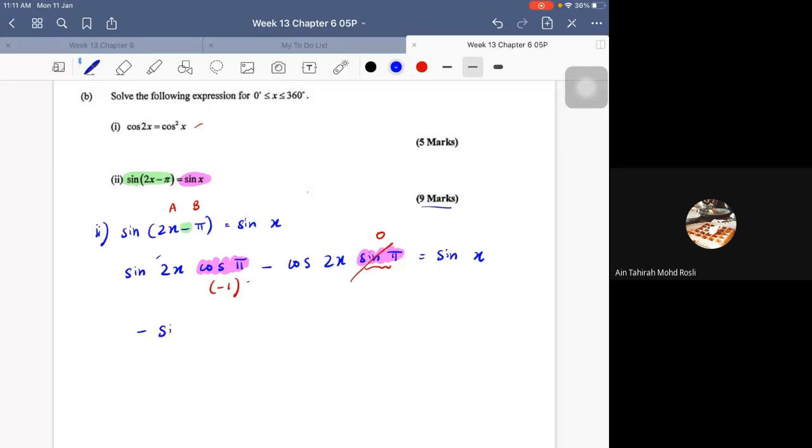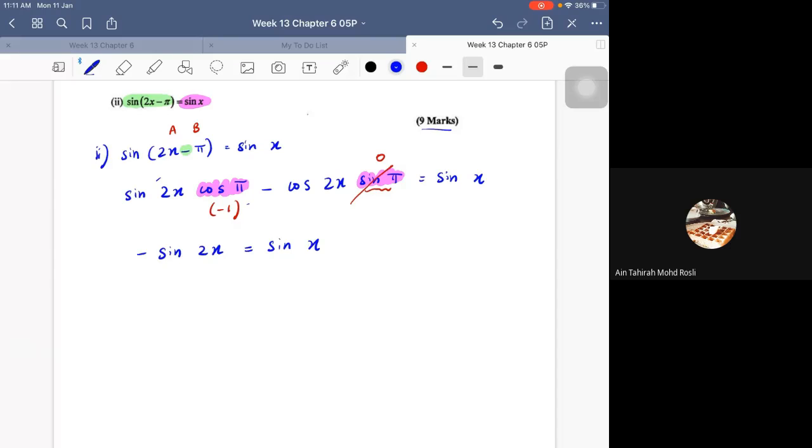Okay, and on this side dia akan jadi cos 2x darab kosong. And we know that anything yang kita multiply dengan kosong dia akan jadi kosong. So therefore on this side I'm going to have sin of x. So this is going to be my equation. So I have negative sin 2x adalah bersamaan dengan sin x. Okay, now that we have got this as our equation, so apa yang kita kena buat next? What would you do?